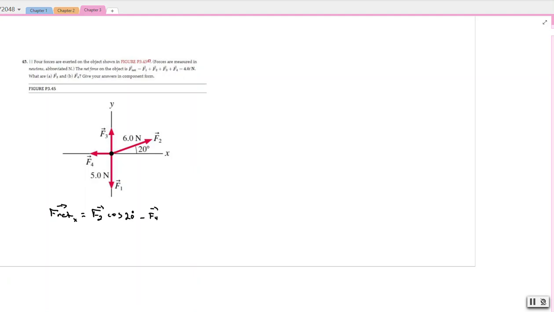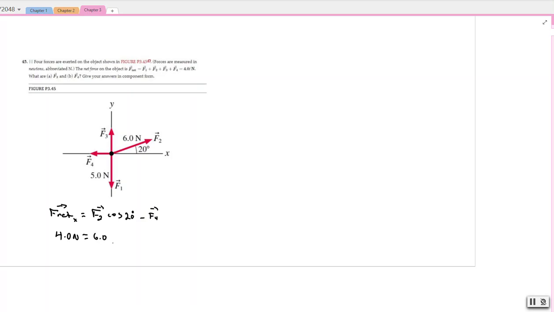So what is Fnet? The net force in the x direction is 4.0 i. So we say that 4.0 newtons is equal to, what is F2?